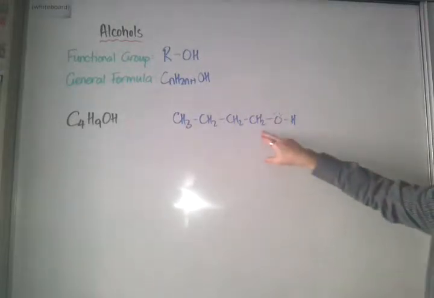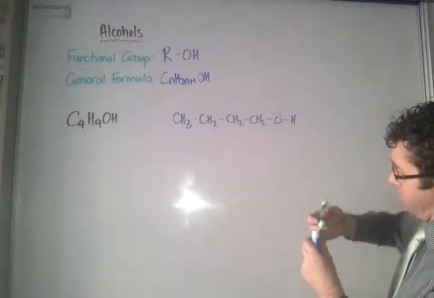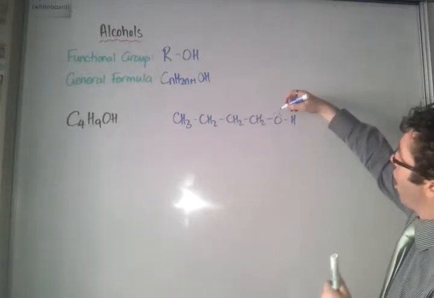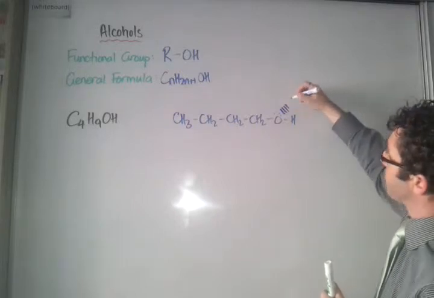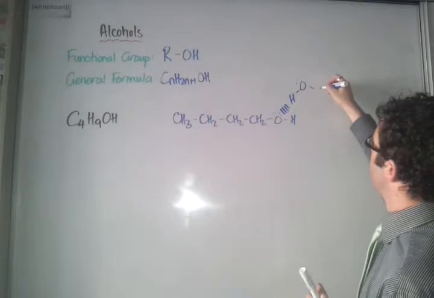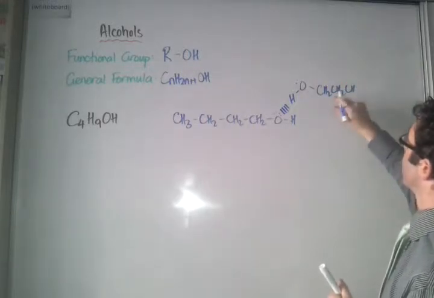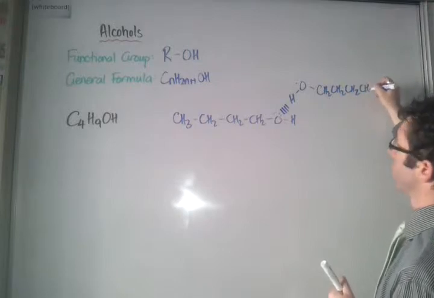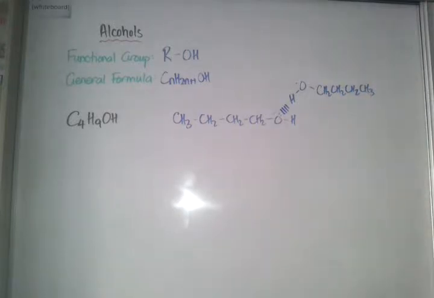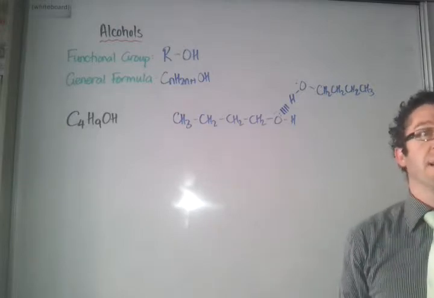As well as that, because of this group here, it can have a relationship, again with a thing called a hydrogen bond, with the OH group of a neighbouring molecule. And that means that the melting and boiling points are considerably higher than those of alkanes and alkenes.